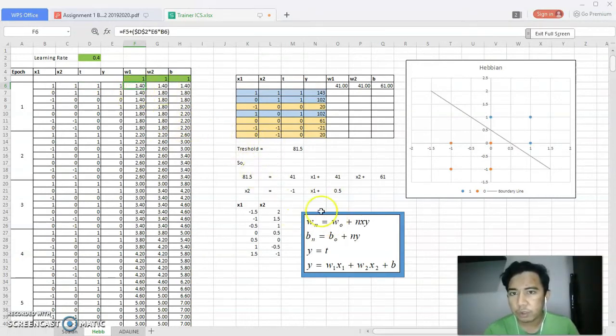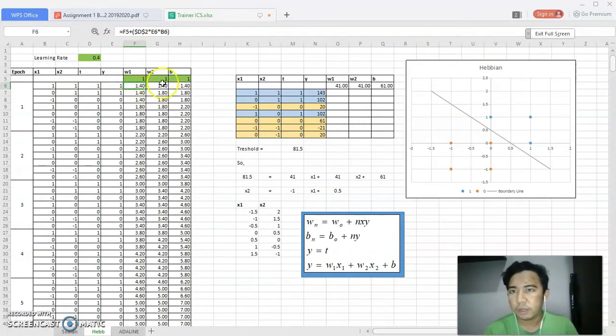We use this formula: w1 old plus the learning rate multiplied by the value of x, which is 1, and the value of y, 1, and we got 1.4 for the w1 of the new data.